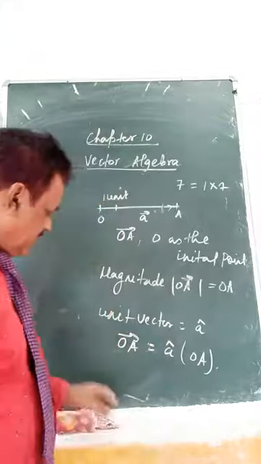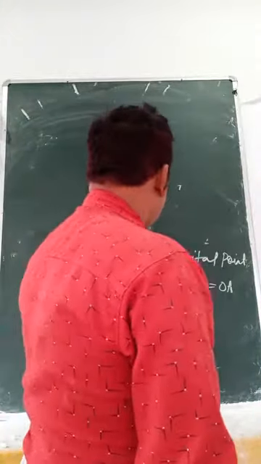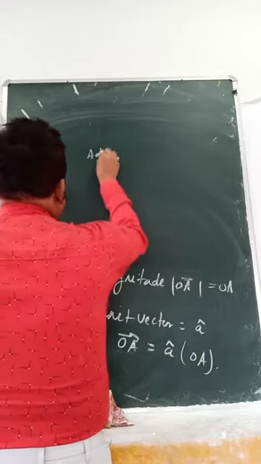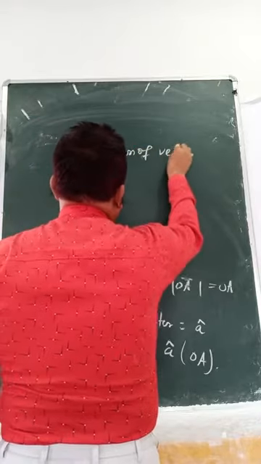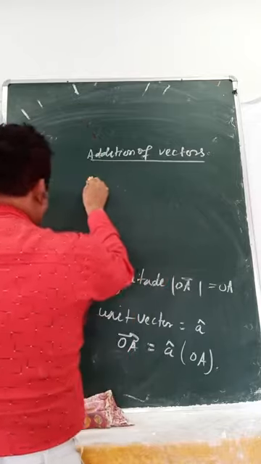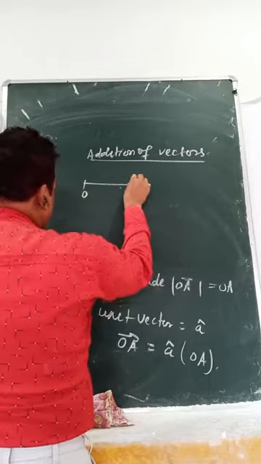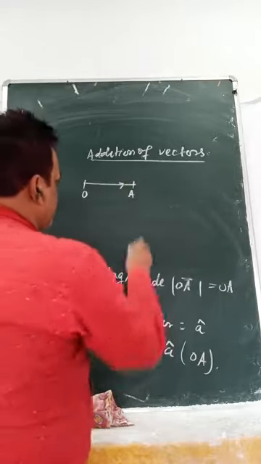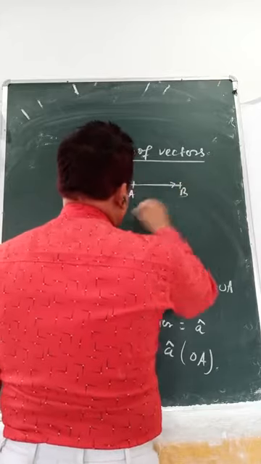Now, vector addition, how have we studied it? Addition of vectors. If I say O to A is one vector, A to B is another vector.